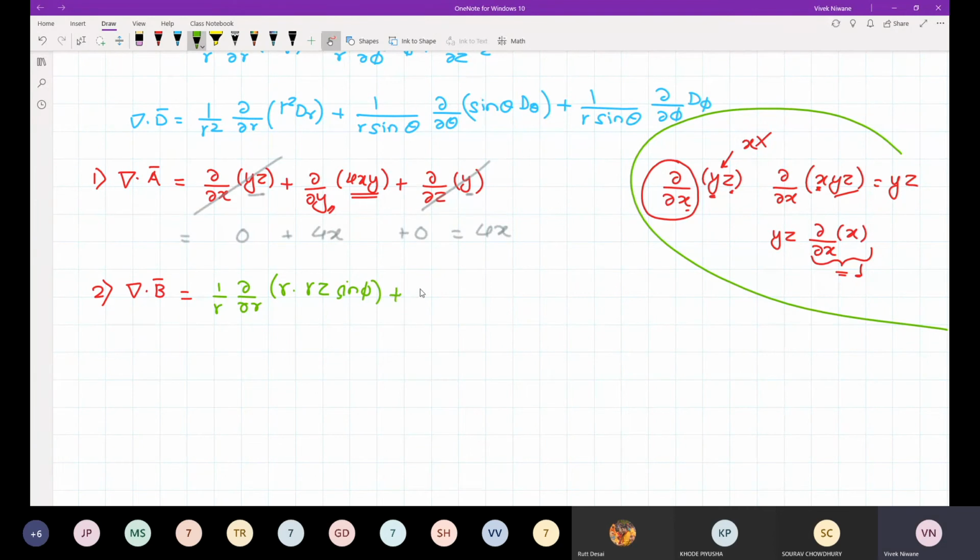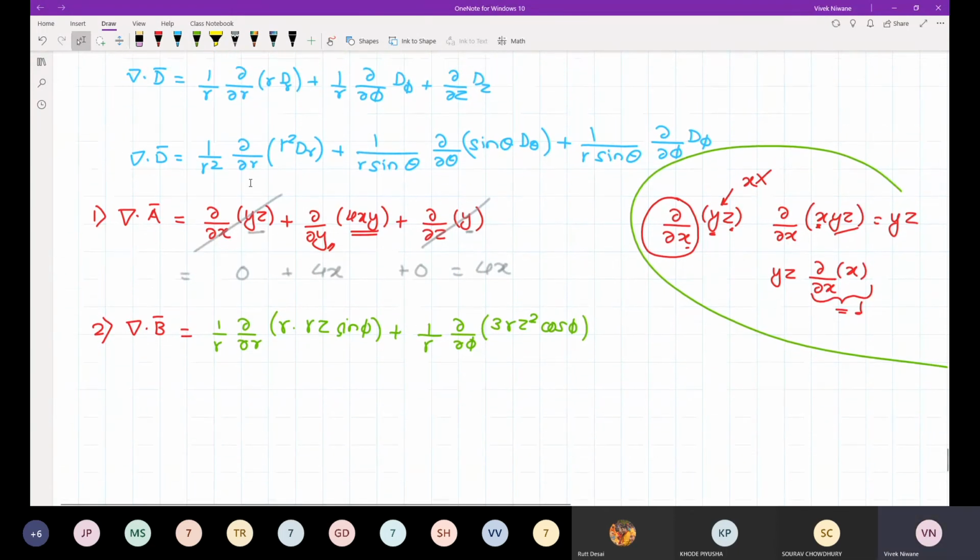Plus then we have the phi component, 1 upon r ∂/∂phi into bracket 3rz² cos phi. This is what we have over here: r is written here, then the r component, then the phi component.